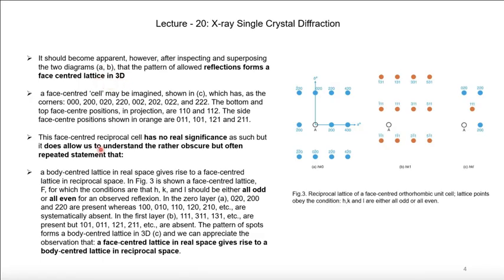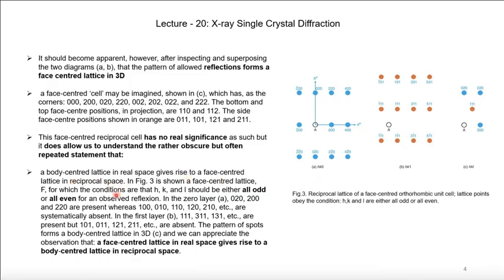So the face-centered reciprocal cell has no real significance as such, but it does allow us to understand the rather obscure but often repeated statement that a body-centered lattice in real space gives rise to a face-centered lattice in reciprocal space.